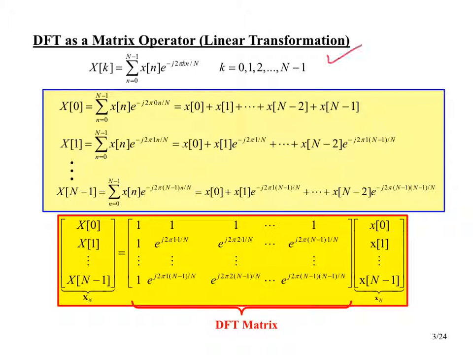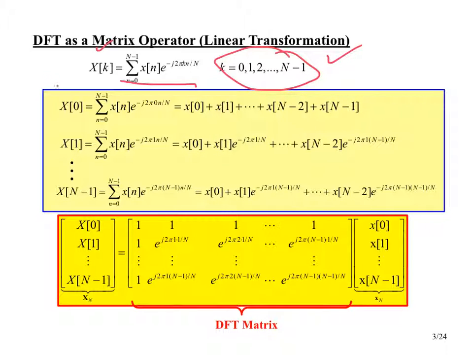Up here at the top we have the equation that defines the DFT. We've got a sum here that, for each value of k that we're allowed to pick, we do the summation and compute each one of the different DFT coefficients. If we write out what the summation looks like for each value of k, we can start to see a structure here.